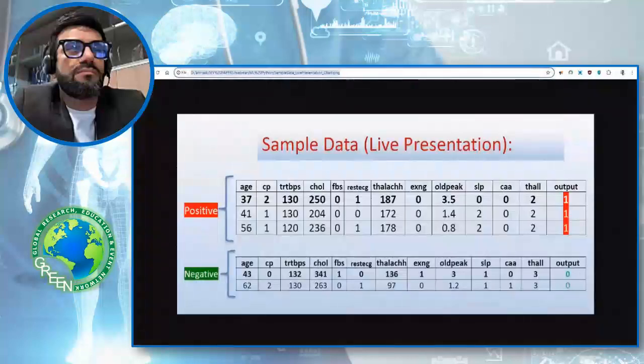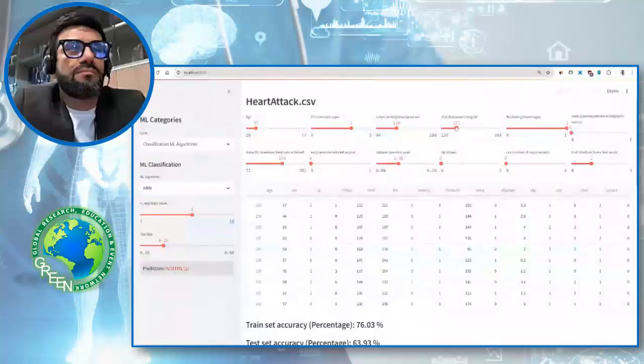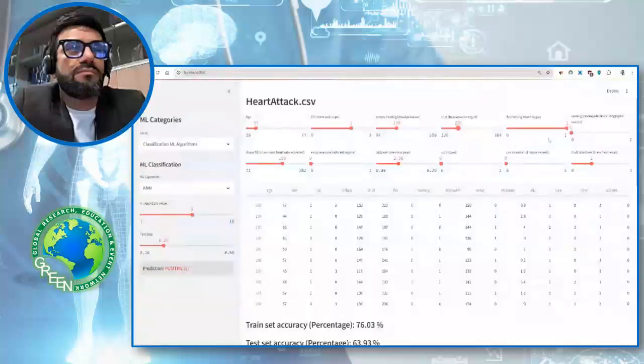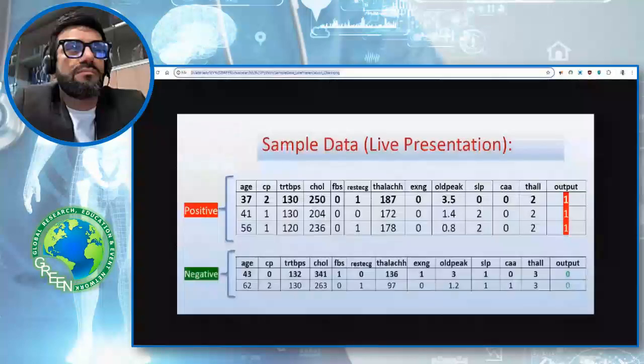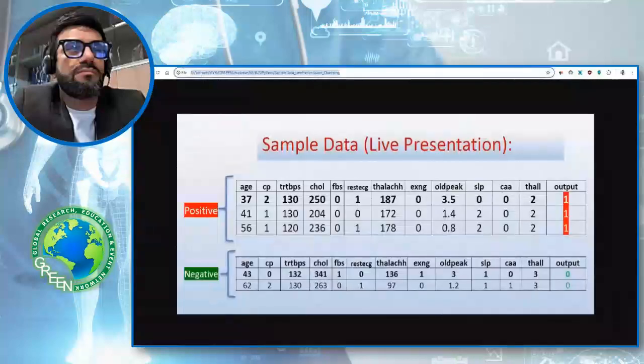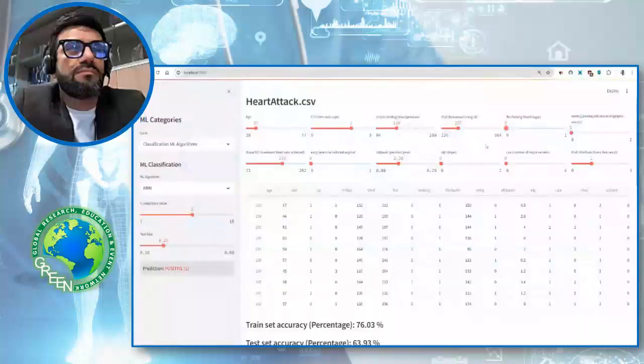The cholesterol is around 250. The FBS value is 0, so I change it to 0. The rest ECG is around 1, so I change it to 1.